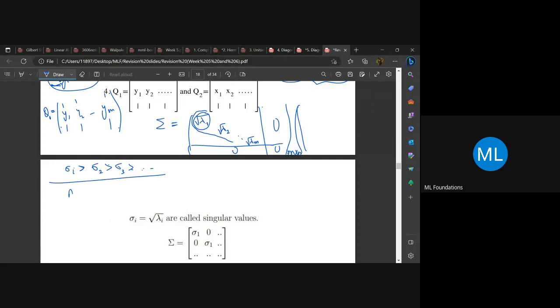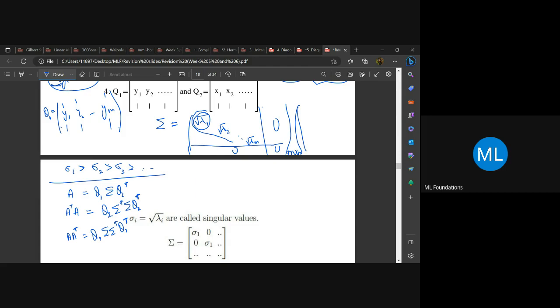Since A is Q1 sigma Q2 transpose, you can check that A transpose A gives you Q2 sigma transpose sigma Q2 transpose, and A A transpose will give you Q1 sigma sigma transpose Q1 transpose.